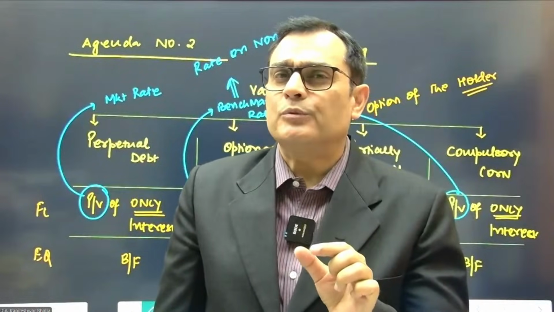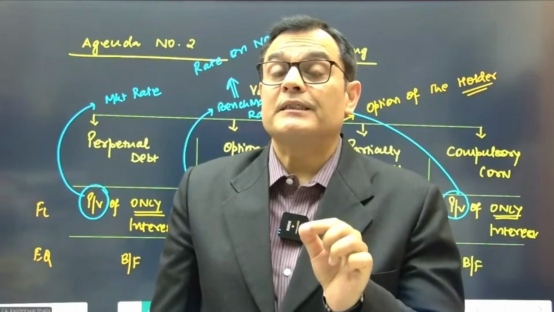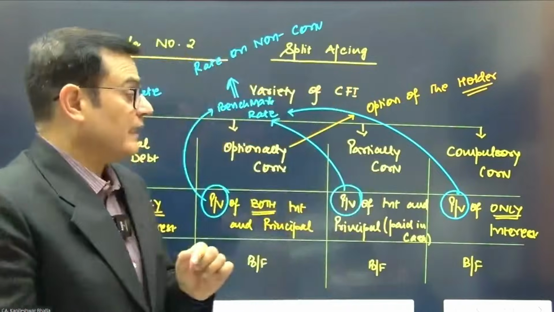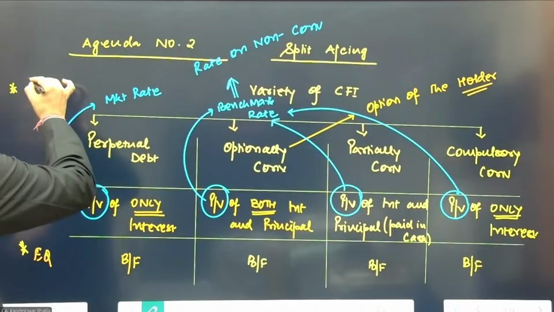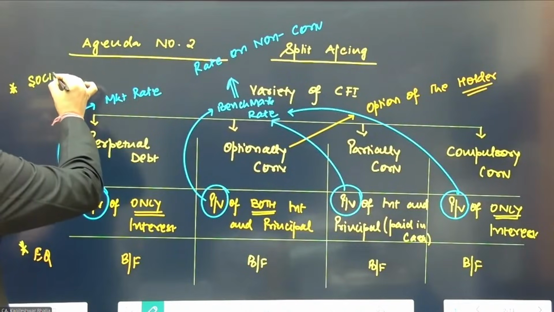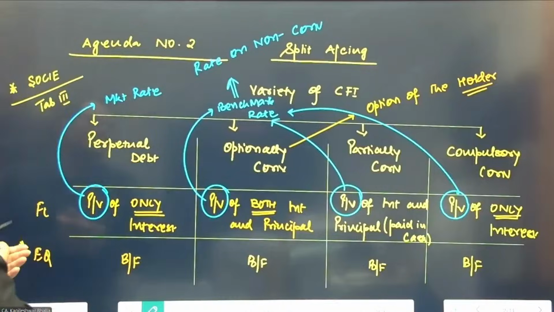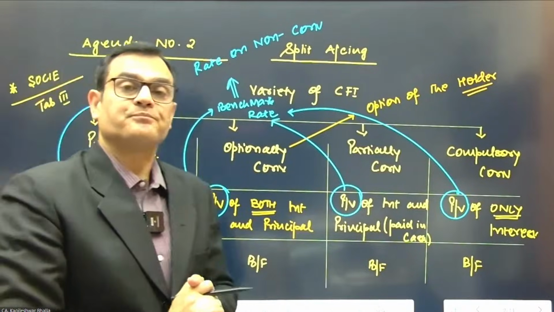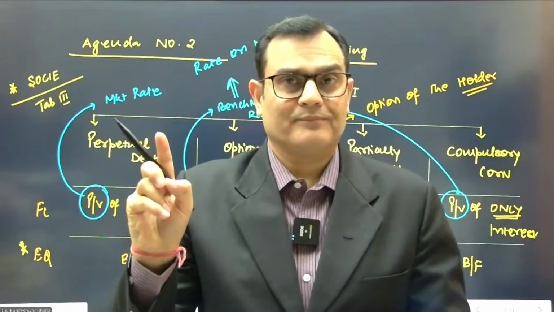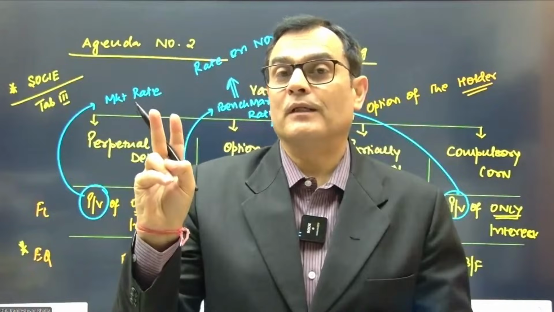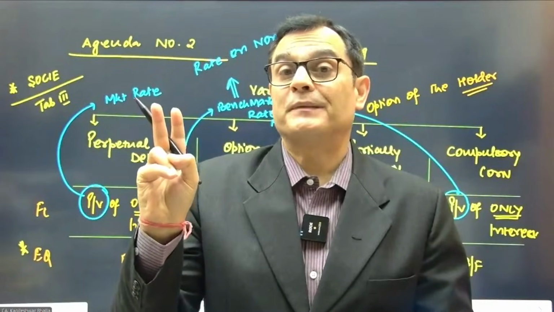Now, all these equities you've seen enter tab number 3, the SOCIE, the statement of changes in equity. So as far as this equity is concerned, it rests in the statement of changes in equity, and that goes in tab number 3. But what happens in that particular case? Let's also take a quick recap. In terms of a perpetual debt, it remains there. In terms of optionally convertible, it goes to the capital reserve or it goes to the share premium as the case may be.